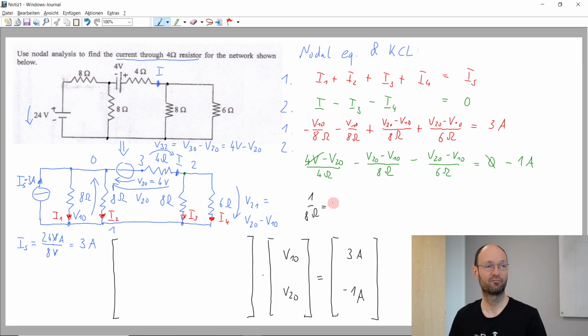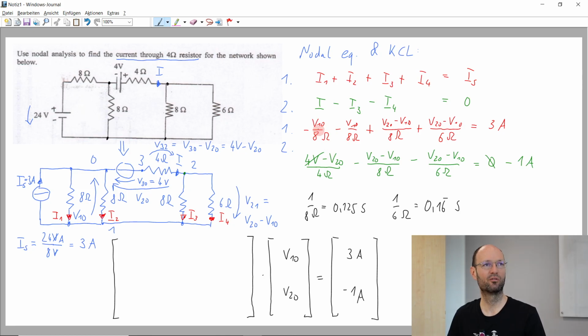At the end we will probably stick to a fraction. 1 over 8 is 0.125 Siemens, but the 1 over 6 is not that convenient, right? Because 1 over 6 ohm is 0.166 Siemens.